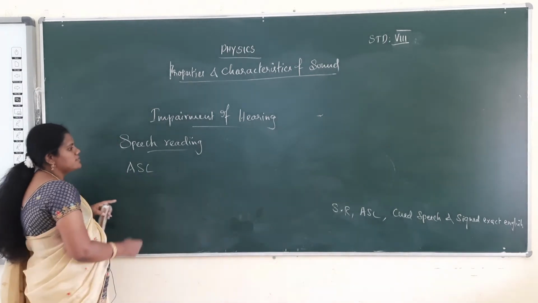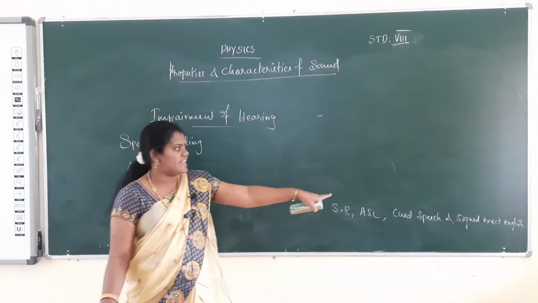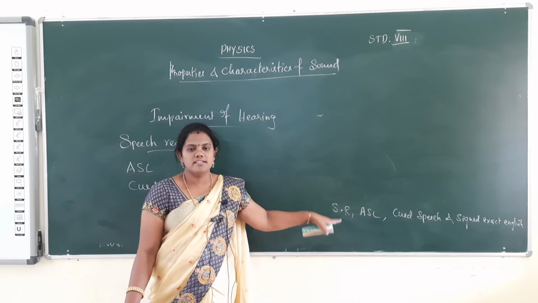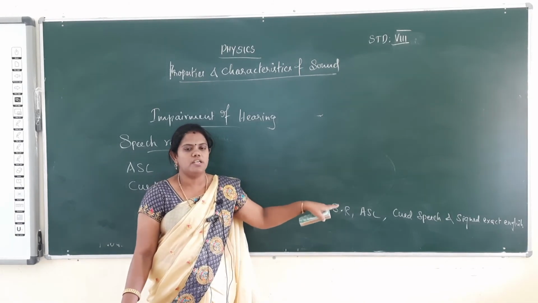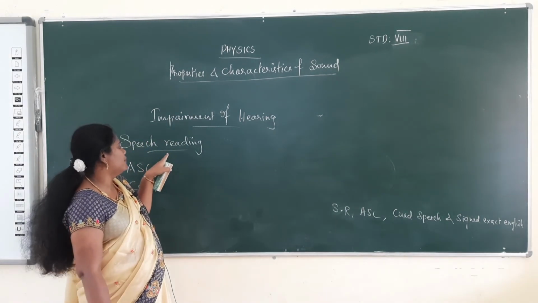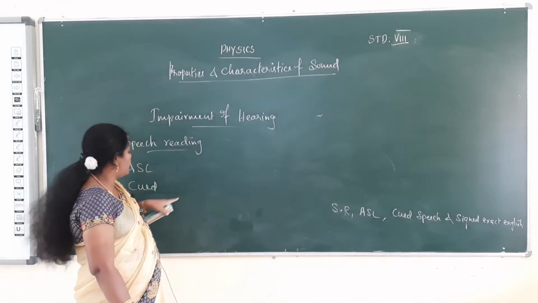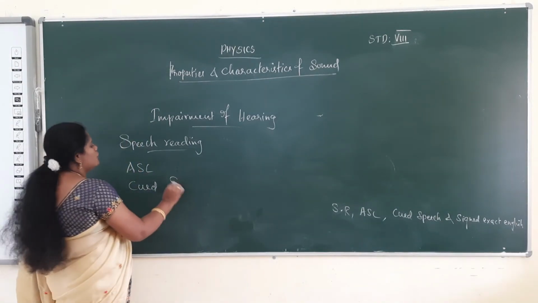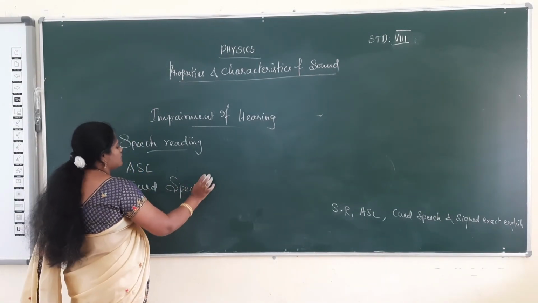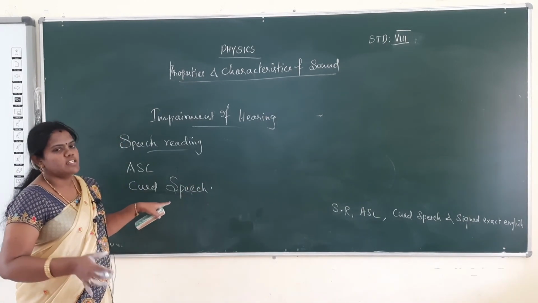Okay. Then the third one is cued speech, or signed exact English. This is used for the person who cannot follow the lip form. Cued speech is used for those who cannot understand through lip reading. Cued speech is used to explain to the person using hand movements.